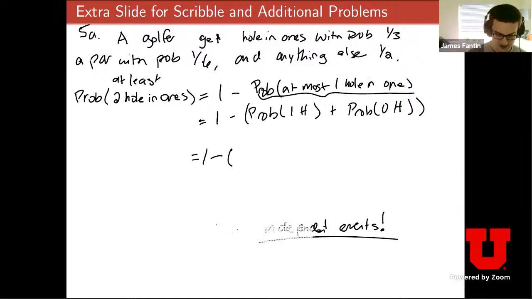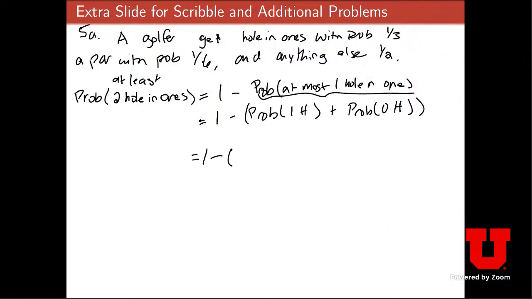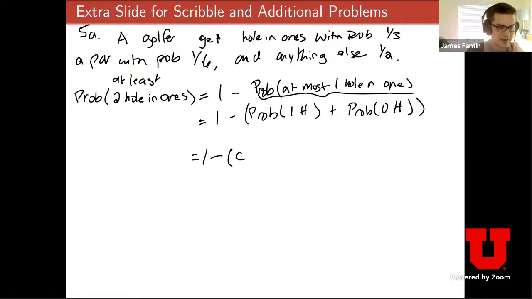So what would we have for the Bernoulli formula for this case with 1 hole-in-one? It's n choose k times p to the k times 1 minus p to the n minus k, I think. Yeah, so we've got 1 hole-in-one, and we've got 5 slots, right? So we're choosing 1 of the 5 to be our hole-in-one. Hole-in-one has probability 1/3.